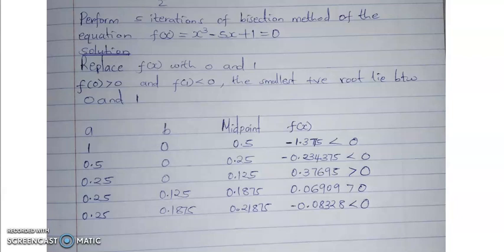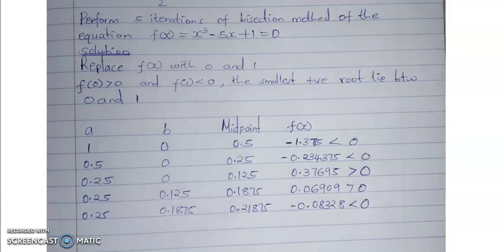Given that question, what you should know is that two numbers A and B are bracketing a root of a function if they have opposite signs.